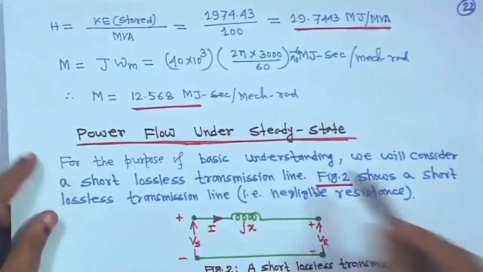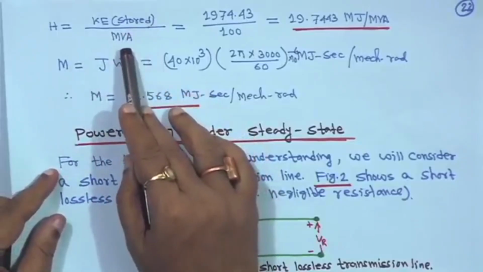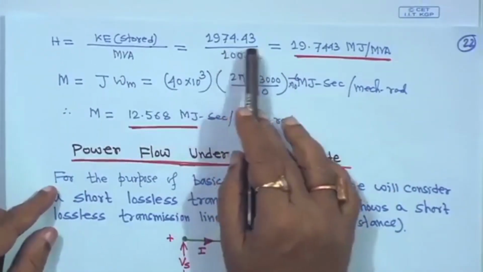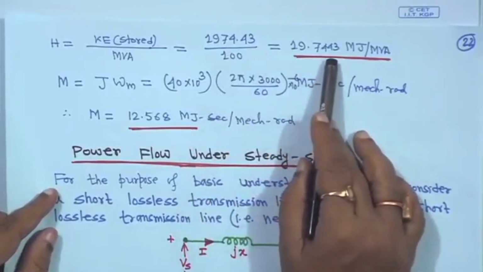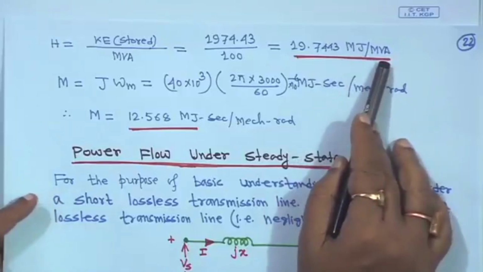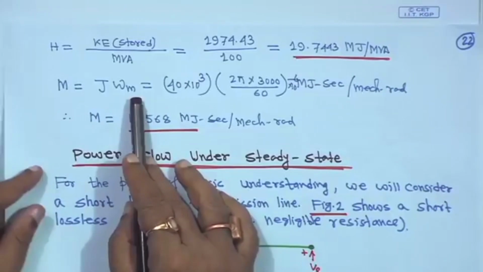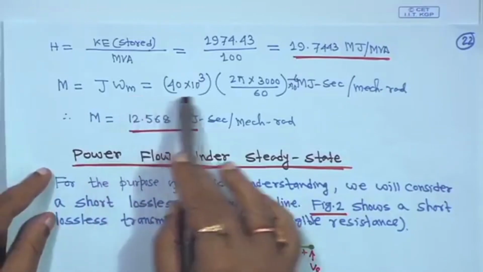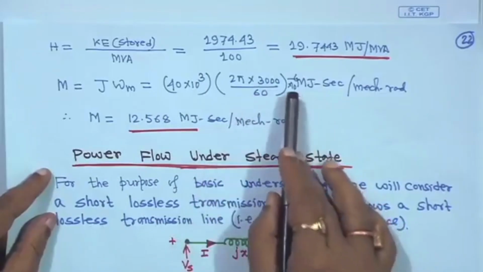Similarly, H is equal to the kinetic energy stored divided by the MVA base, so 1974.43 divided by 100. So, it is 19.7443 megajoule per MVA. Therefore, M is equal to J into omega m, as we have seen earlier, that is 40 into 10 to the power 3 into omega m into 10 to the power minus 6.